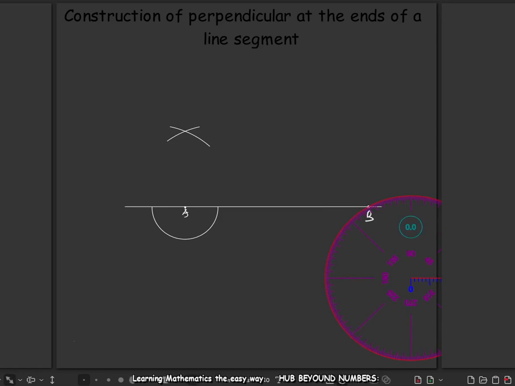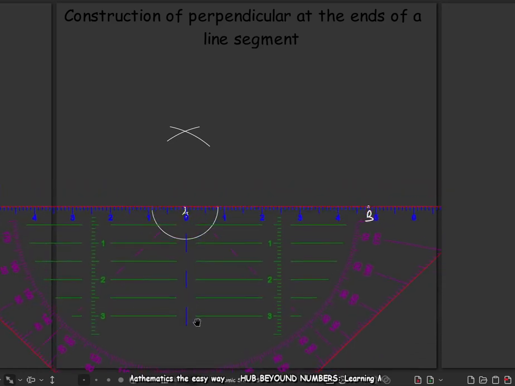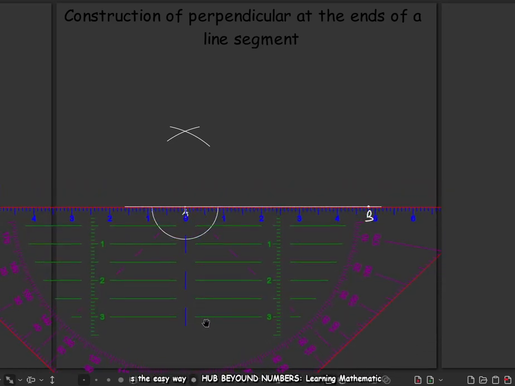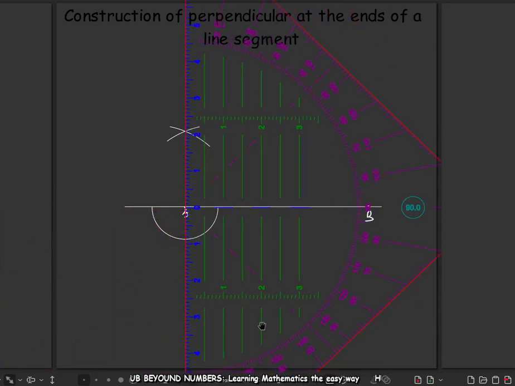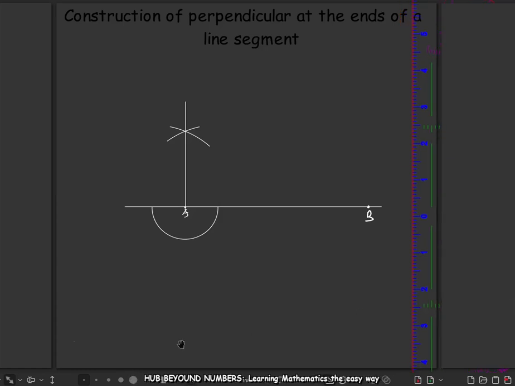Then I align my ruler through the point of intersection and draw a straight line. So I draw a straight line from my point where I want my perpendicular through the point of intersection. And that is that. You have drawn your perpendicular successfully and very, very nicely. This is your perpendicular.